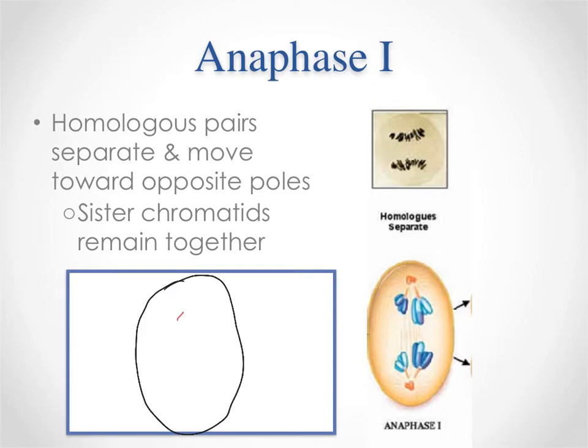The sister chromatids are going to be pulled towards the poles, like so. So these are still paired up chromosomes. The spindle fibers have shortened, which pulls them this way. But the sister chromatids are still linked together, so we have these paired up chromatids.